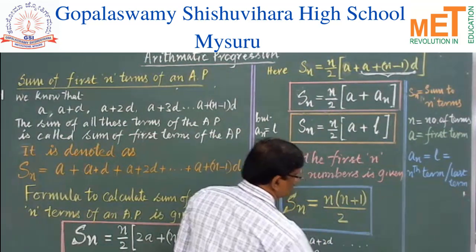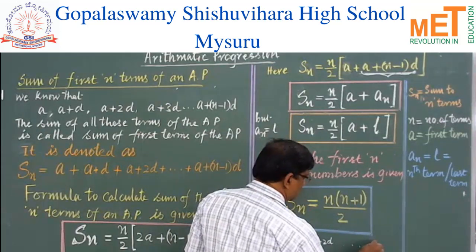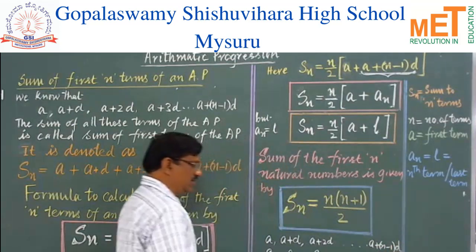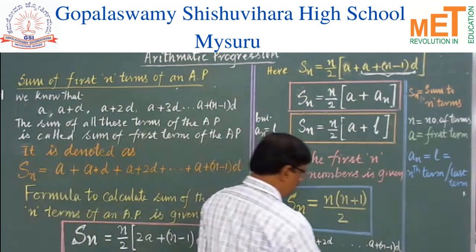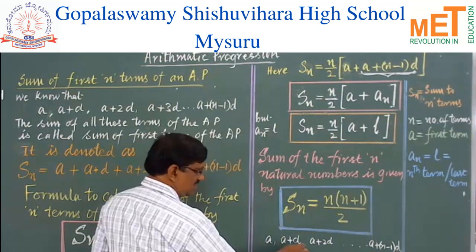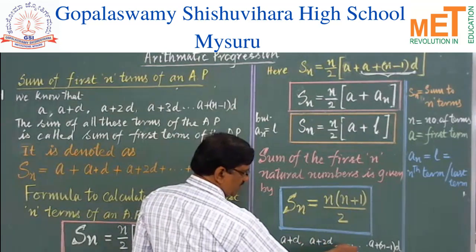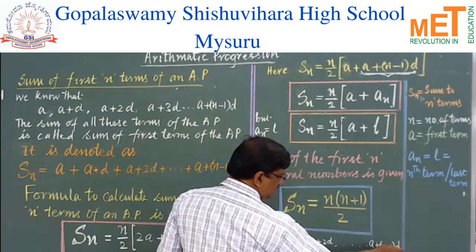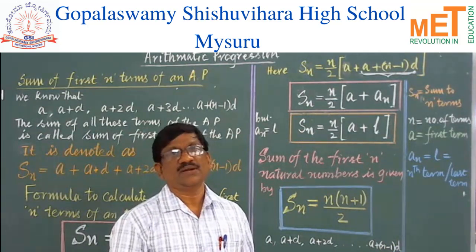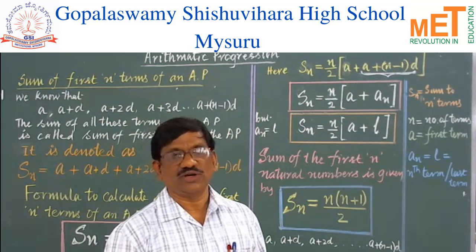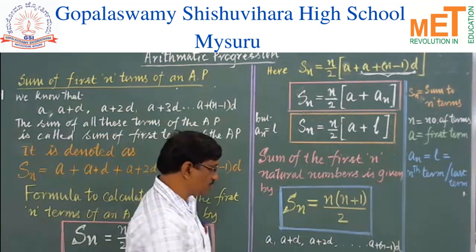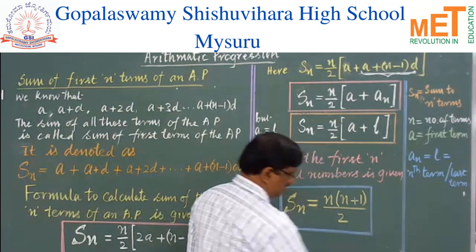The nth term we denoted as A plus n minus 1 into D, isn't it children? This form, A, A plus D, A plus 2D, and so on up to A plus n minus 1 into D, we called the general form of an arithmetic progression. That is what we have learned, isn't it children?